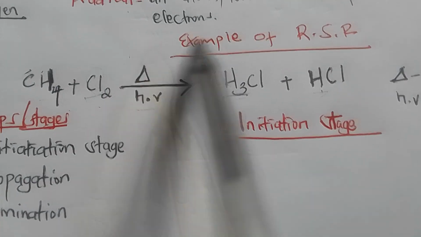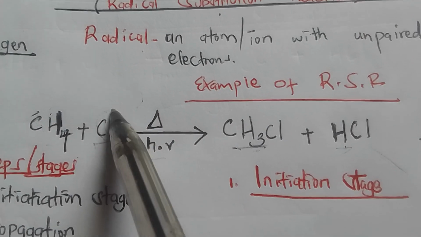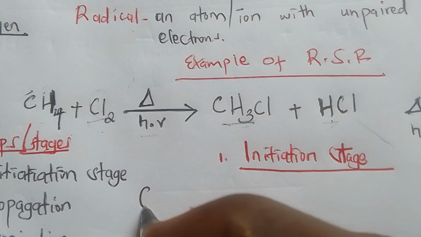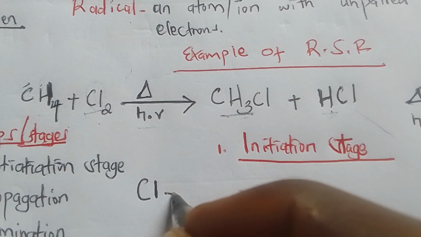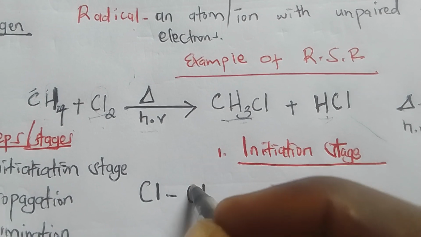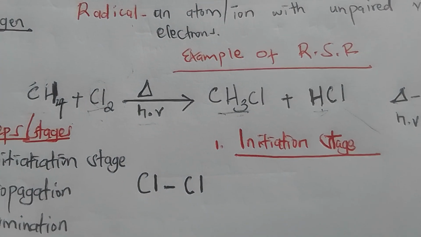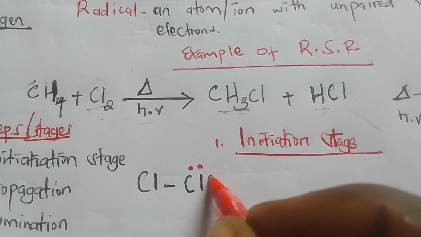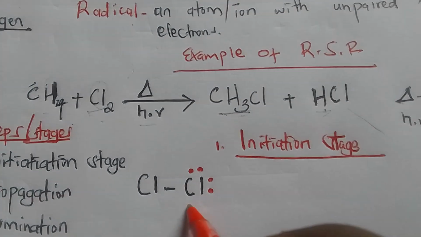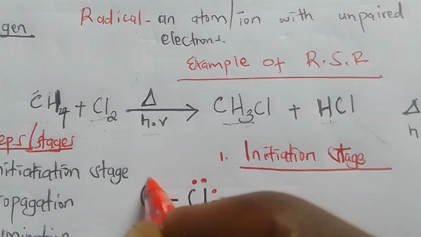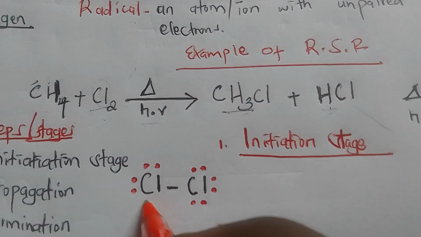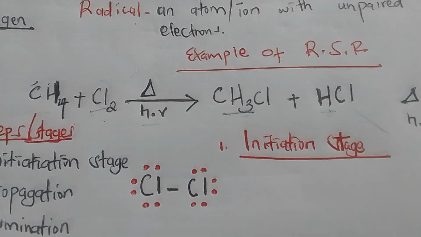What happens in the initiation stage, as I was saying, is that the chlorine radicals are formed from the chlorine molecule. If you can draw the Lewis structure of chlorine, this is the Lewis structure of chlorine.